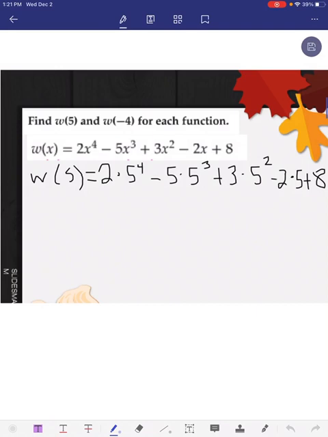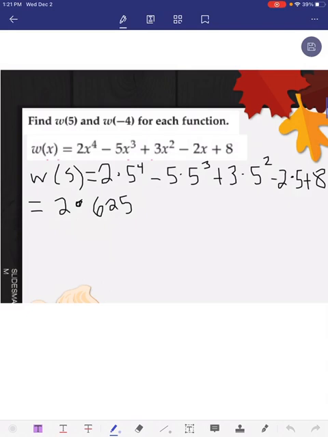So simplifying that, 5 to the 4th times 2 is 2 times 625.